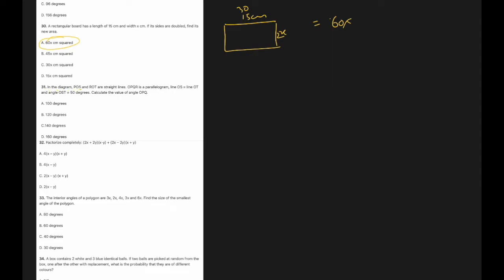In the diagram, POS and ROT are straight lines. OPQR is a parallelogram, and POS is a straight line.